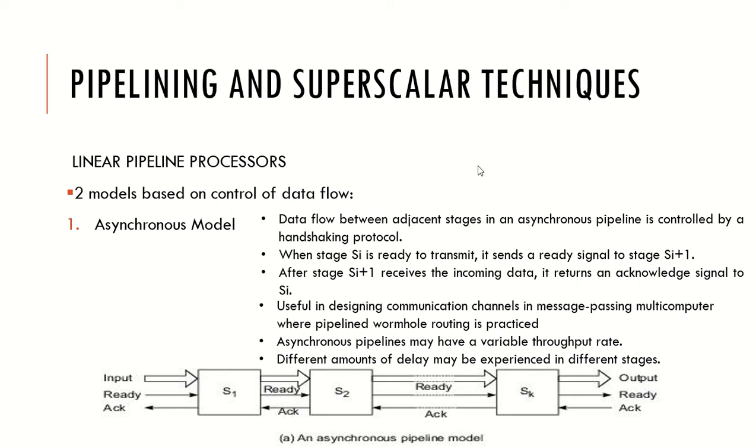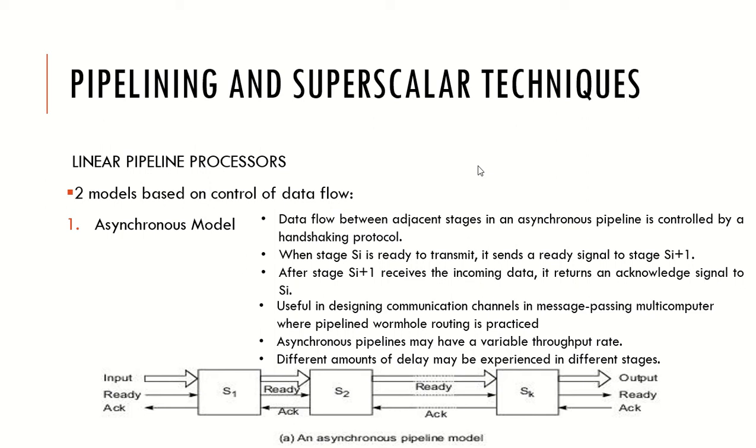About the asynchronous model: if you want to transfer data from one stage Si to its adjacent stage Si plus 1, that occurs based on request-response signals, or what we say handshaking.